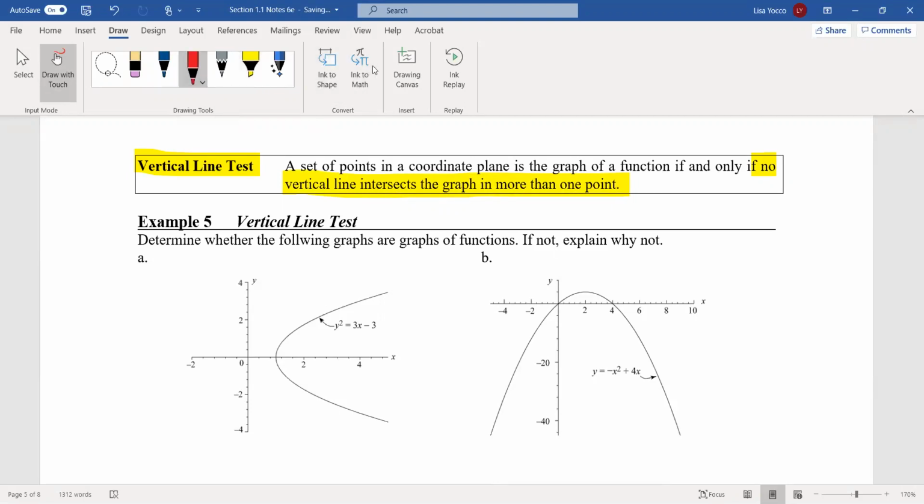It only takes one instance. So for this one, there's a vertical line. It intersects the graph in more than one point.